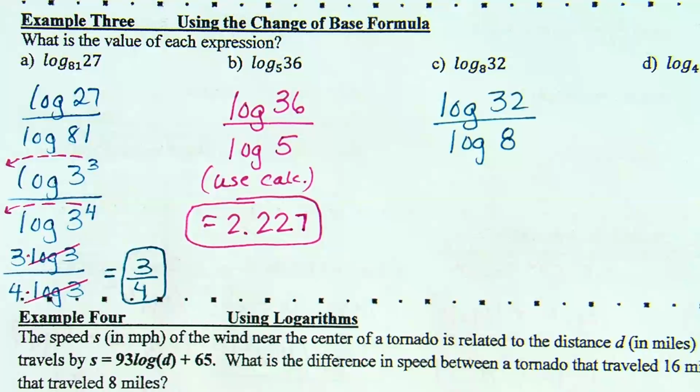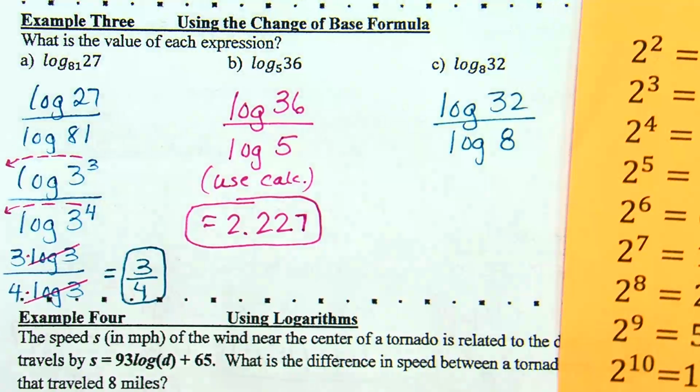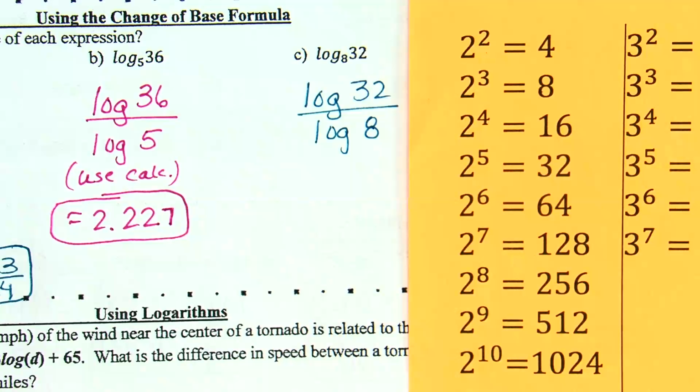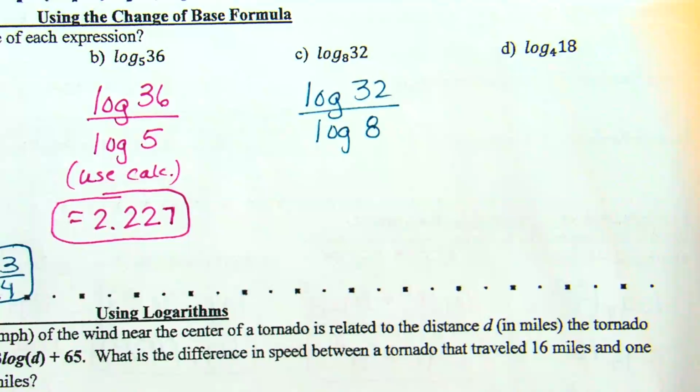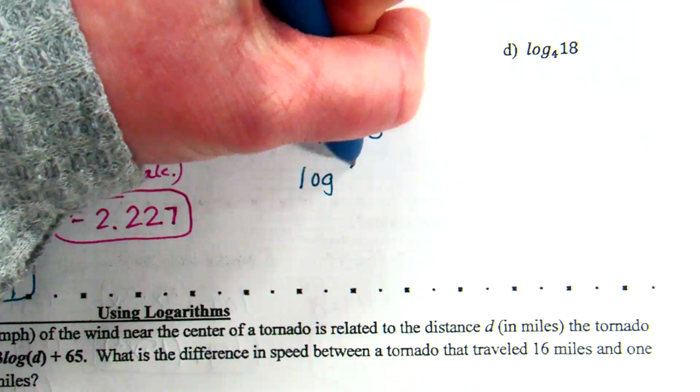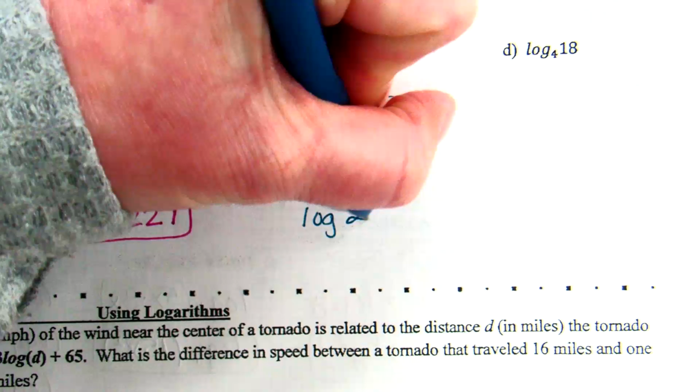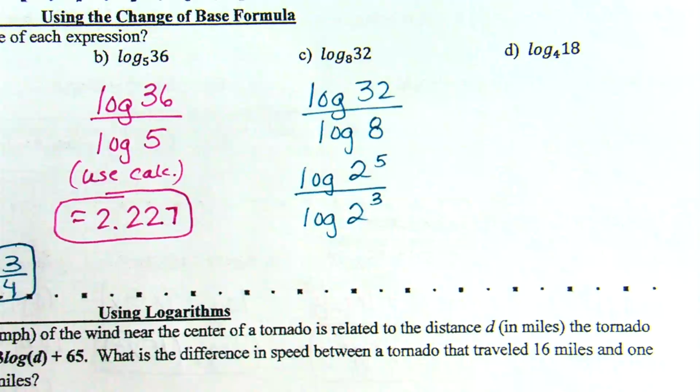So log of 32 can be rewritten as log of 2 to the 5th. Log of 8 can be rewritten as log of 2 to the 3rd. Officially, we need to move the 5 and 3 out front. So 5 log 2 divided by 3 times log 2. What do you know?